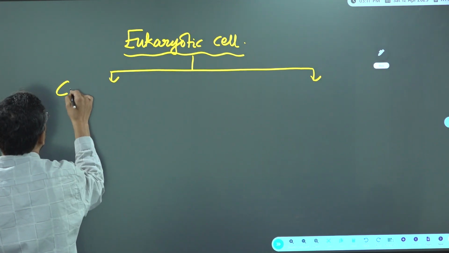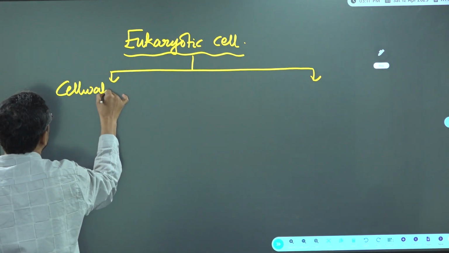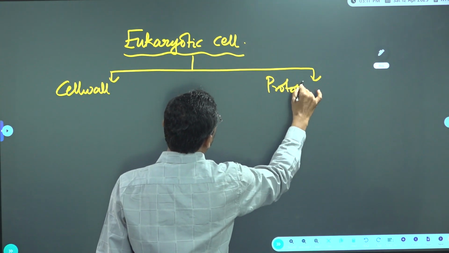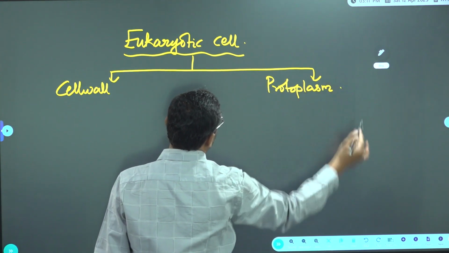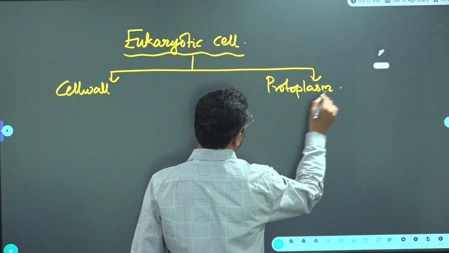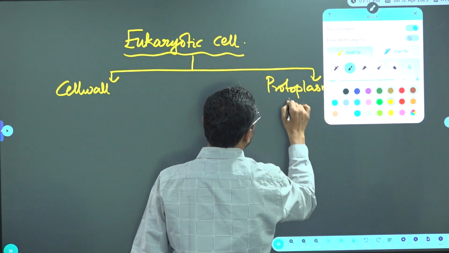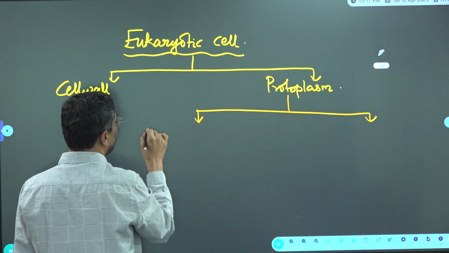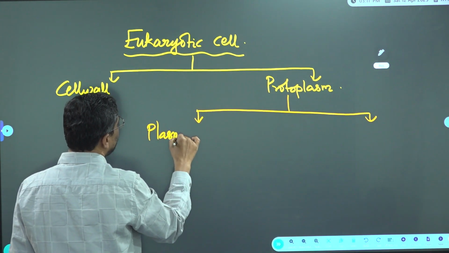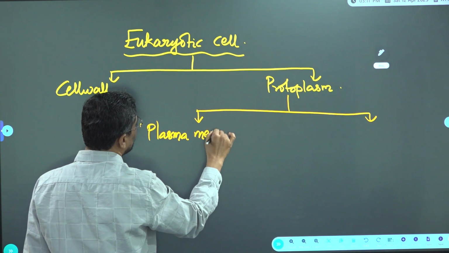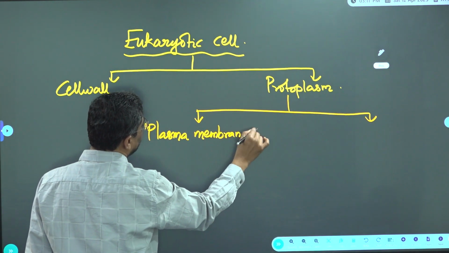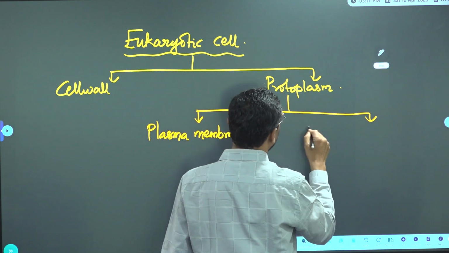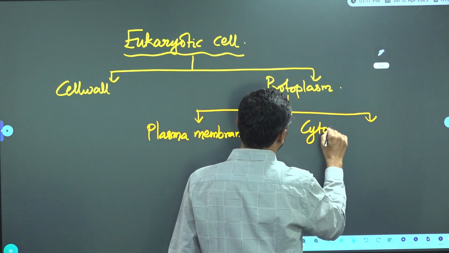So this eukaryotic cell contains mainly the cell wall and protoplasm. This protoplasm is again divided into plasma membrane and cytoplasm.